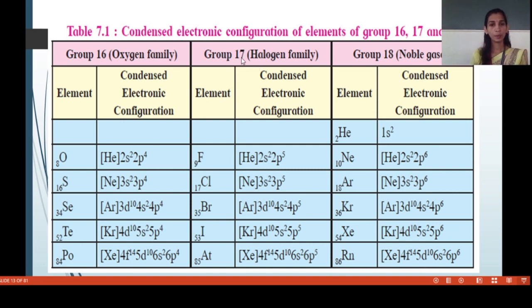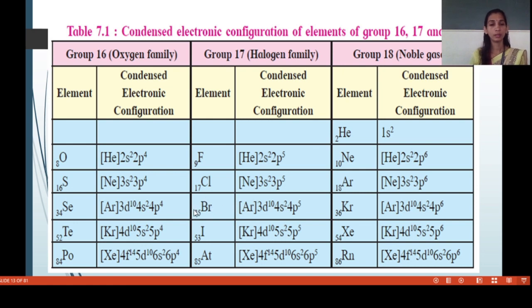The next is group number 17, that means our halogen family. Fluorine has atomic number 9: 2 electrons from helium and the remaining 7 are in the second shell, 2 electrons in the s subshell and the remaining 5 in the p subshell, 2s2 2p5. Next, chlorine, atomic number 17, is Ne 3s2 3p5.